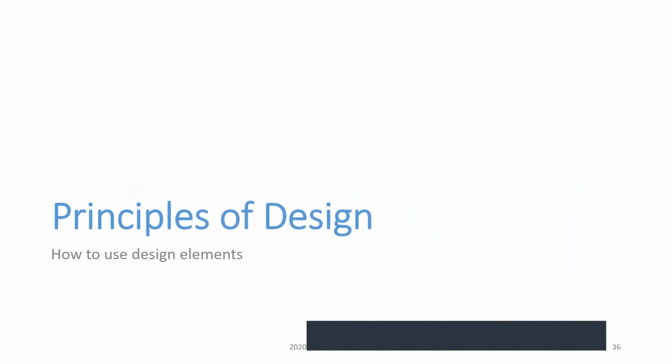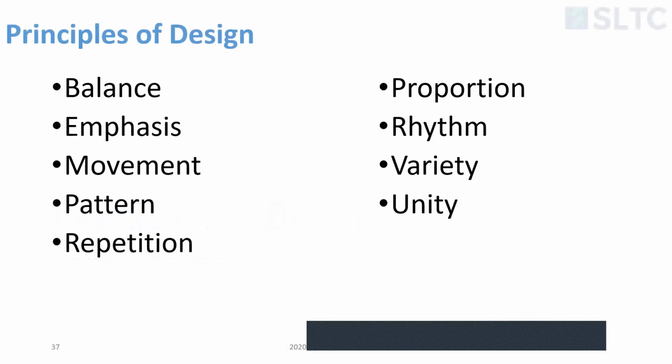Now, we spent time talking about the elements of design. How you bring these elements together in order to create a design is what we are going to look at now. So when you bring in these elements, look at the principles here, how you use them.